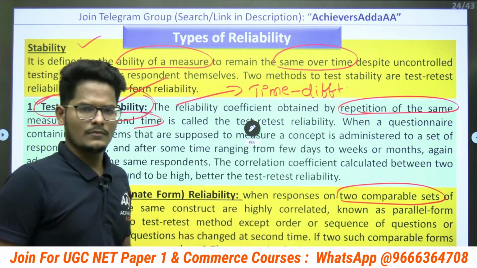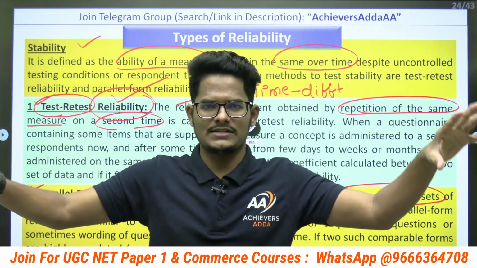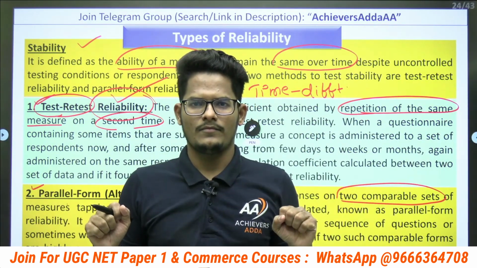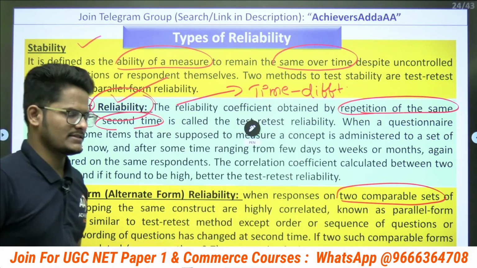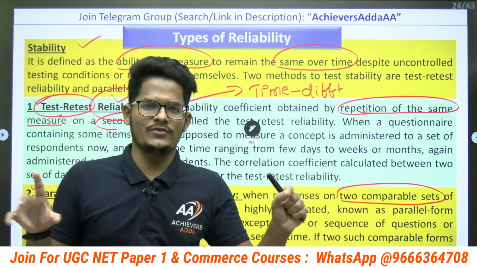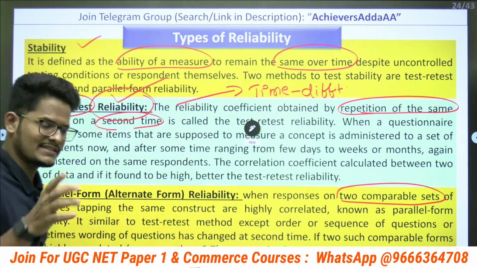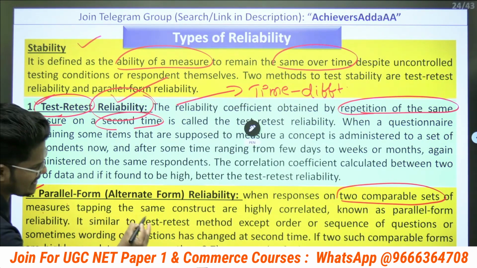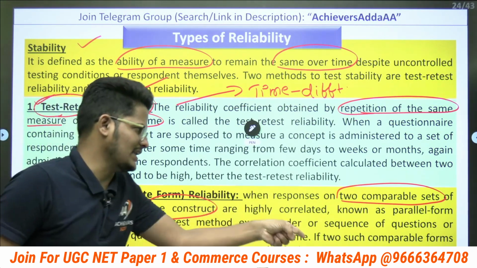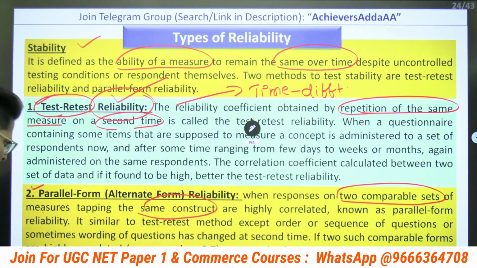Now here test 1 is different and test 2 is different, with the same respondents and same construct, but at the same time. Look carefully: measures tapping the same construct that are highly correlated are known as parallel form reliability.